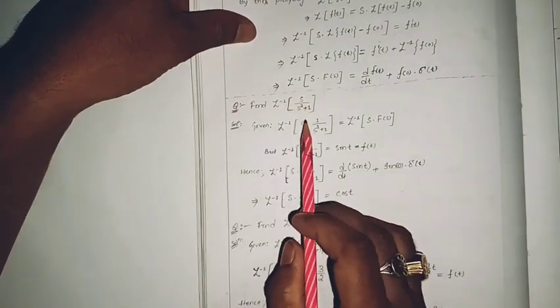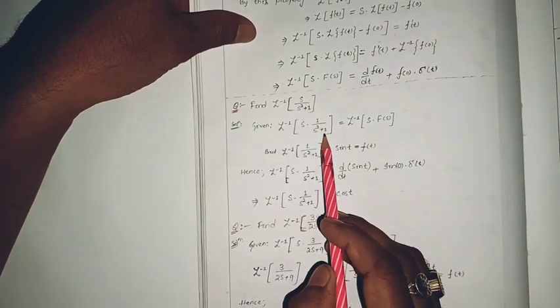So the inverse Laplace transform can be written as s into 1 by s square plus 1, right?